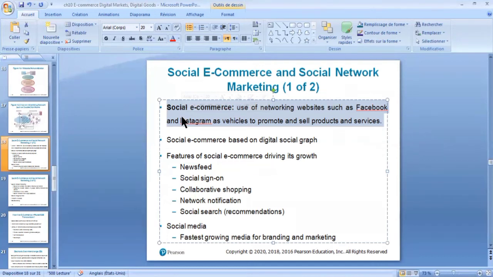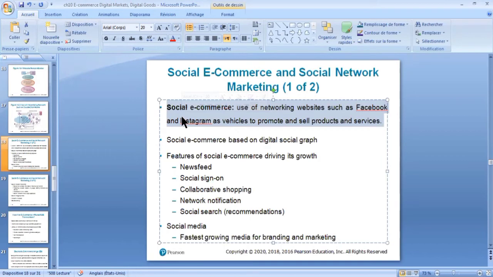So as a company, you need to use these social networks in your marketing. You need to be present, or increase your presence on social media if you want to increase your profit and your sales.